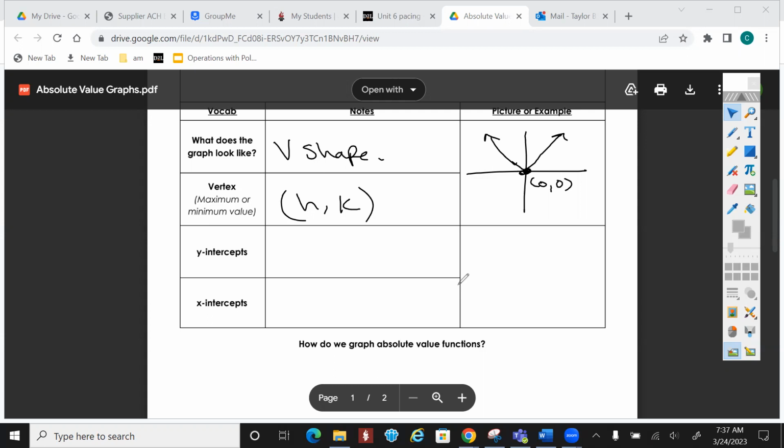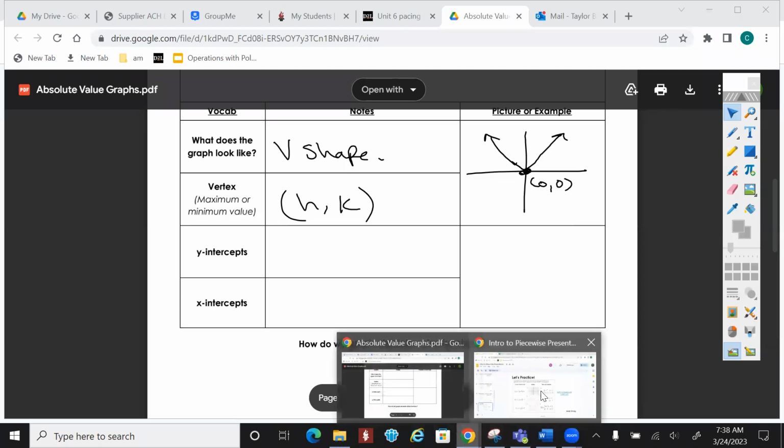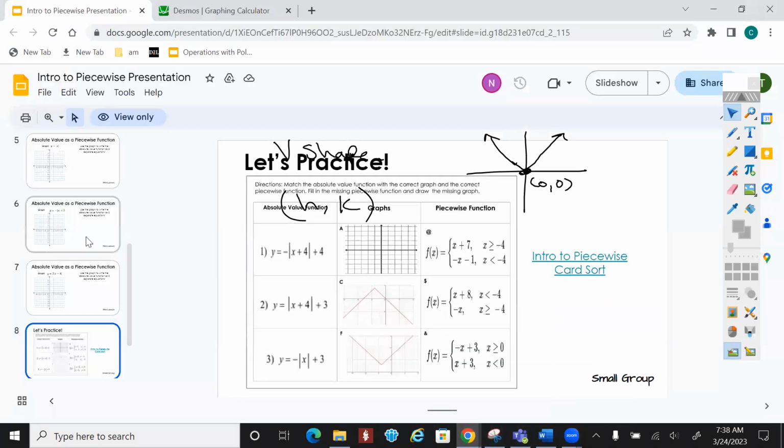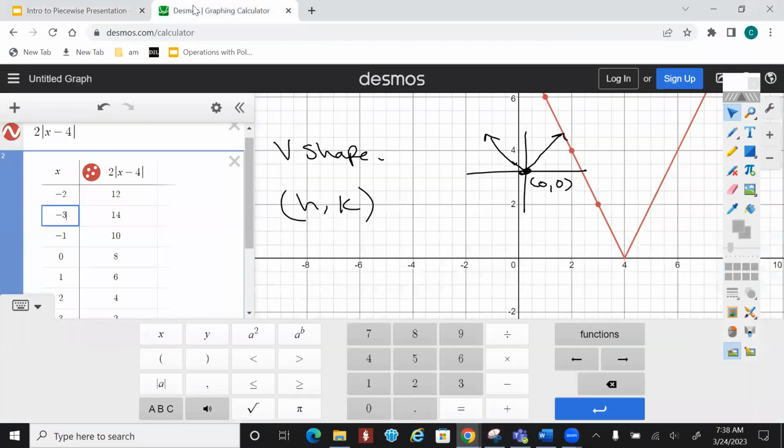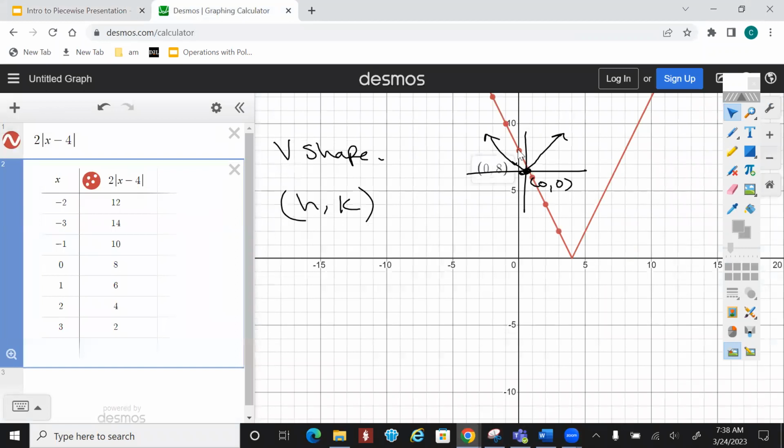The y-intercept is wherever it's going to cross the y-axis. For instance, when we were doing our Desmos on the last problem, our y-intercept happened at 0, 8.